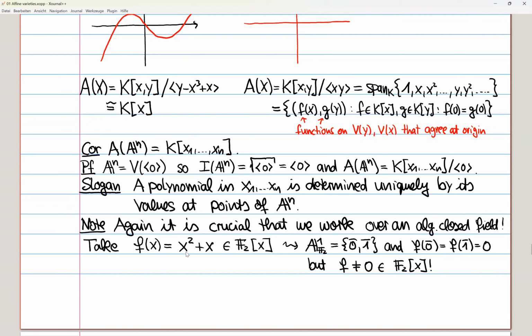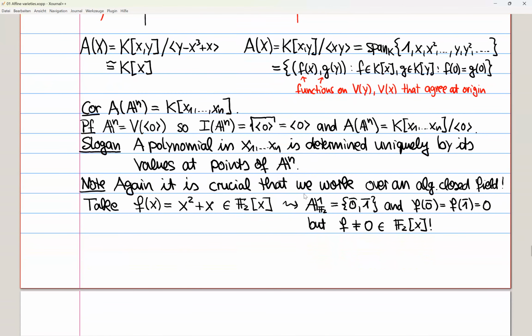If you plug in 1, you get 1 squared plus 1, so 1 plus 1 is equal to 2. But 2 is 0 in our field, so you also get 0. So this polynomial, as a polynomial function on A^1, gives you 0 at all points, but it is not the 0 polynomial. This shows that this corollary is just false for k equal to F2. And we really did need, at some point, this Nullstellensatz.